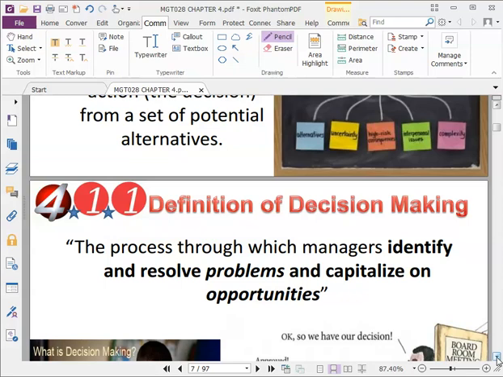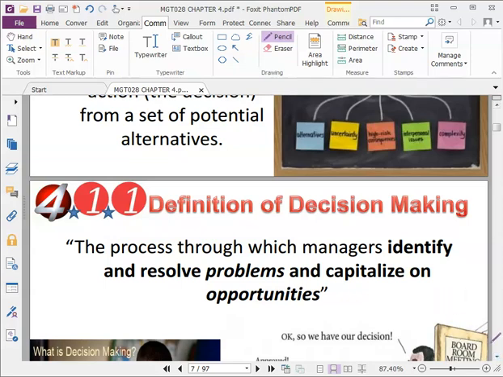Okay, dan dia akan cari apa peluang untuk dia menyelesaikan masalah. So, pilih alternatif yang mana, okay, dia kena buat decision. Okay, itu maksud secara formal what is a decision making.